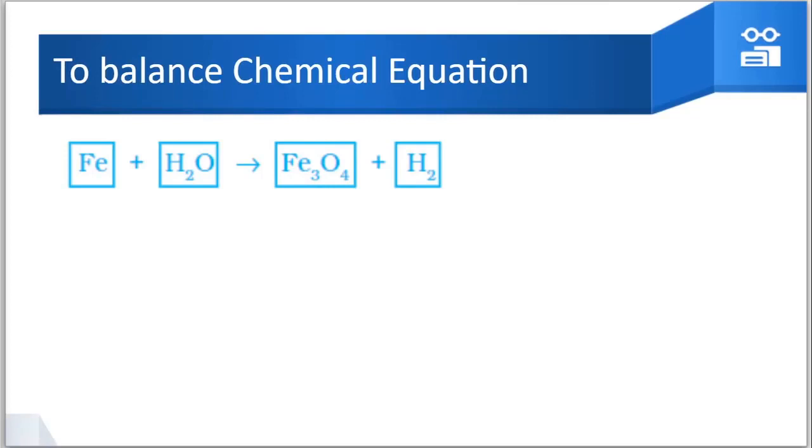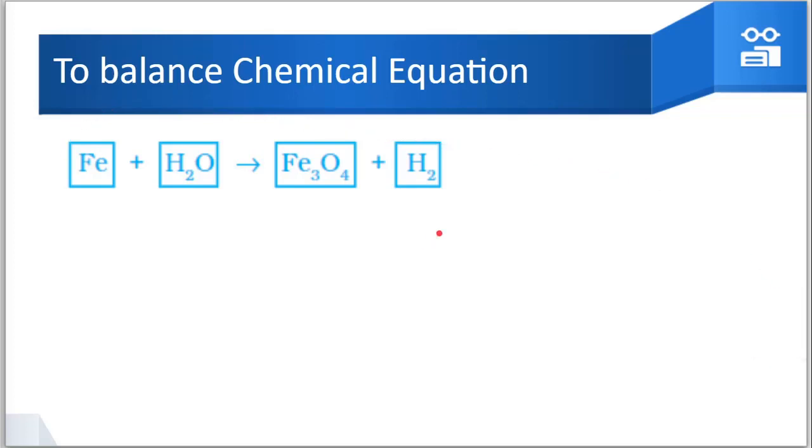Step 3: it is often convenient to start balancing with the compound that contains the maximum number of atoms. It may be a reactant or a product. In that compound, select the element which has the maximum number of atoms. So we will select that element which has the maximum number of atoms in this reaction.